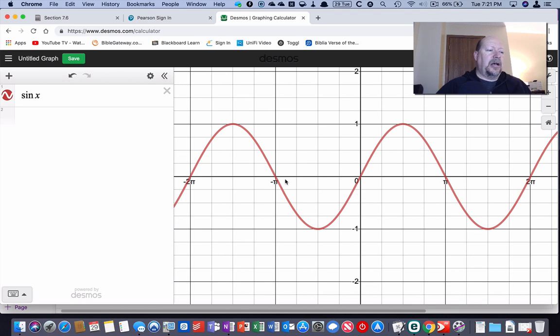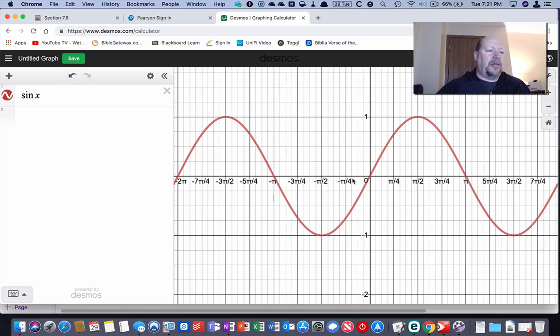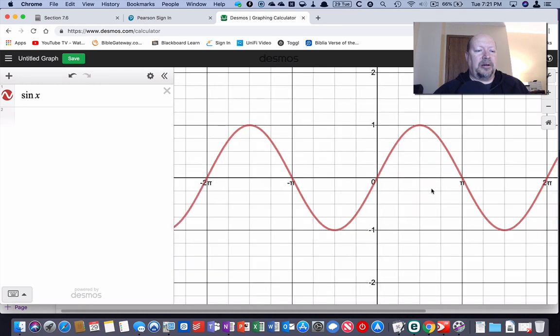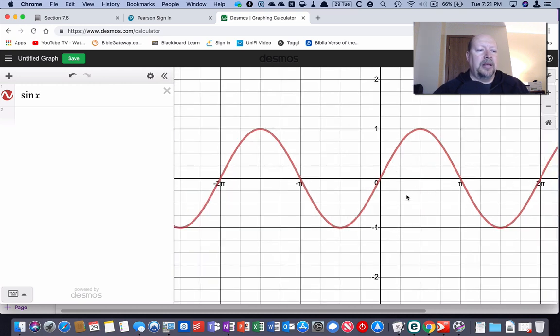And you can see along the x-axis we have the angles in radians, starting here at 0, and then here's pi, and if I zoom out a little bit, you'll see here's 2 pi. And on the y-axis would be the sine values, since I'm graphing the sine.